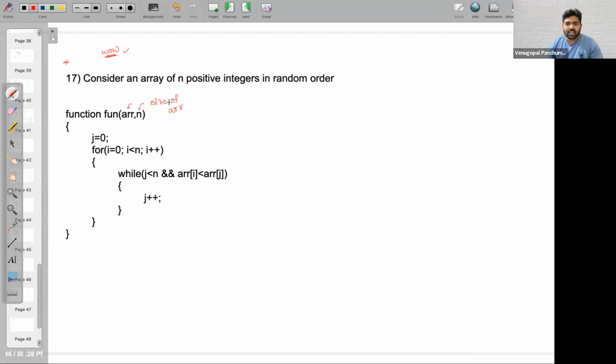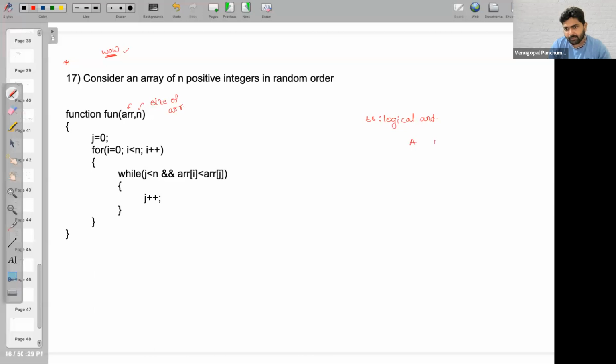This symbol is the logical AND operator. I will write it separately. Logical AND operator. I think you know the table, right?